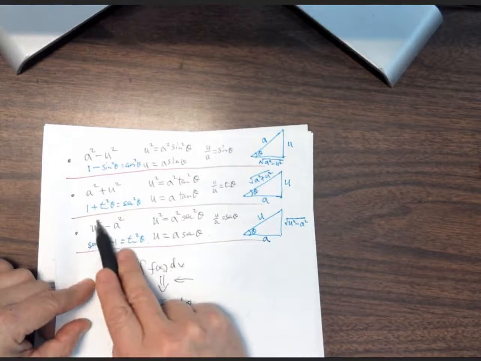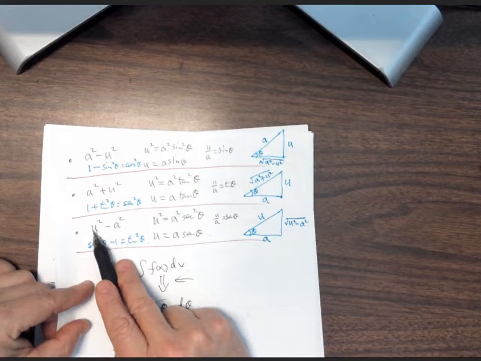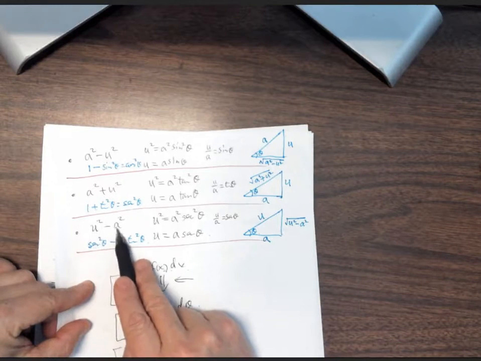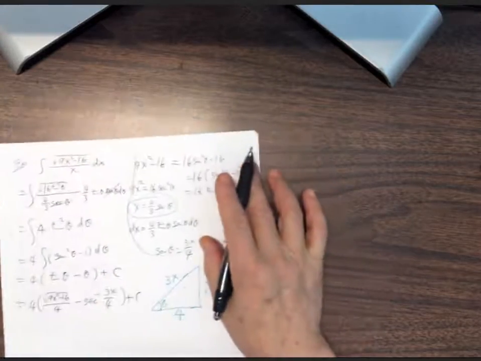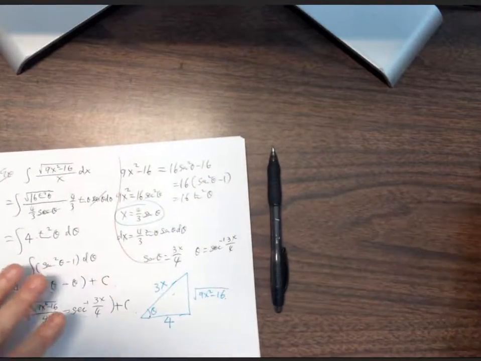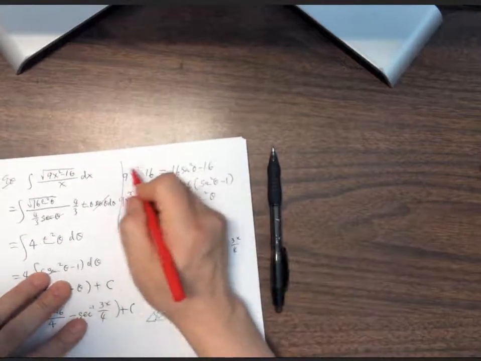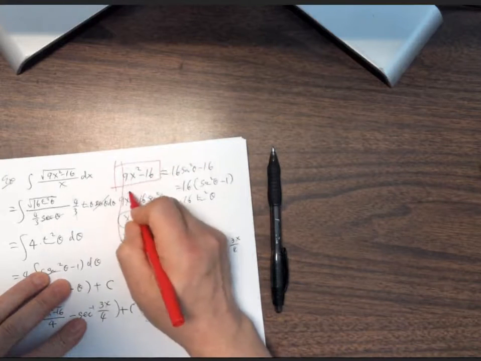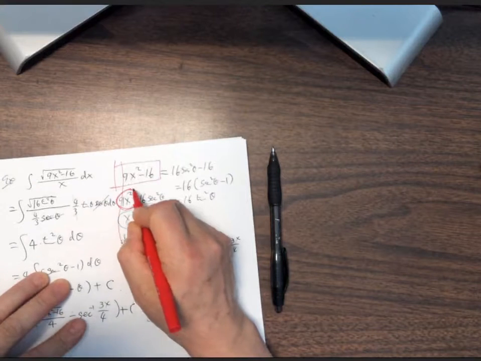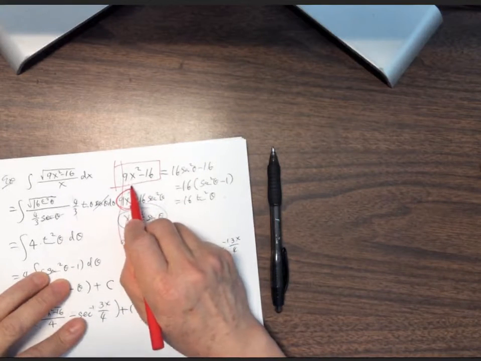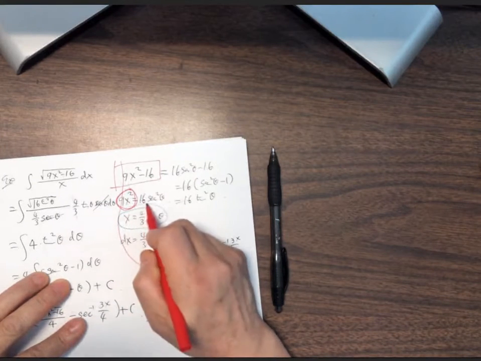With an expression minus a number, the expression should be secant with the matching a squared. In this example, we assume 9x squared to be secant squared with the matching 16 in front.